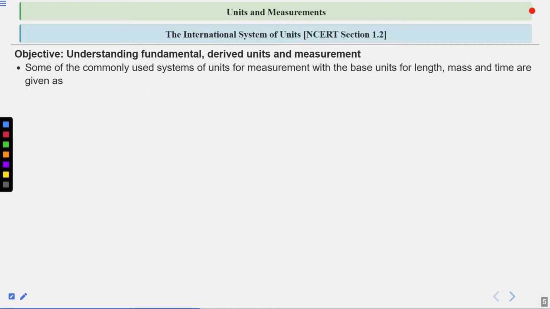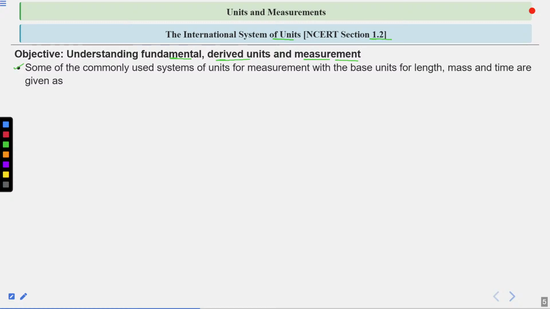So, the International System of Units, NCERT section 1.2. Our main motive is to understand fundamental units, derived units and measurement. We know fundamental units are base units and derived units are derived from fundamental units.